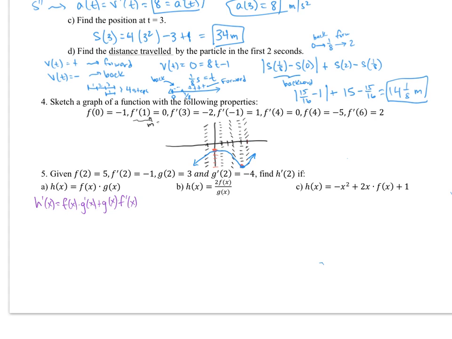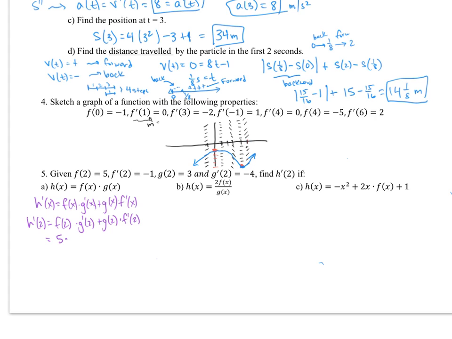And since I want h prime of 2, let's go ahead and put f of 2 times g prime of 2 plus g of 2 times f prime of 2. Working all this out, f of 2 is 5, so I'll put in 5.